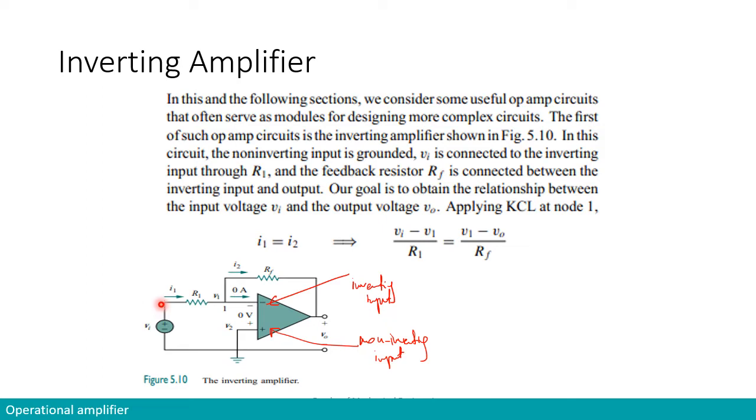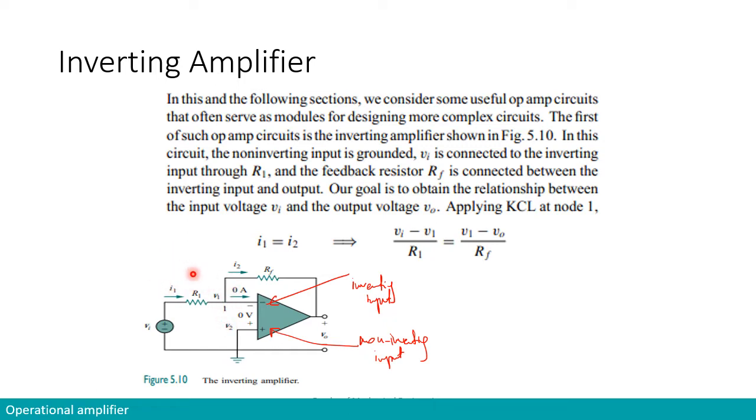The non-inverting input is connected to the input voltage Vi, and in between them we have one resistance R1, and then there's a node that separates the branch that goes into the inverting terminal from another resistance RF, and this RF is then connected to the output of the operational amplifier. So R1 is on the input side and RF on the output terminal.